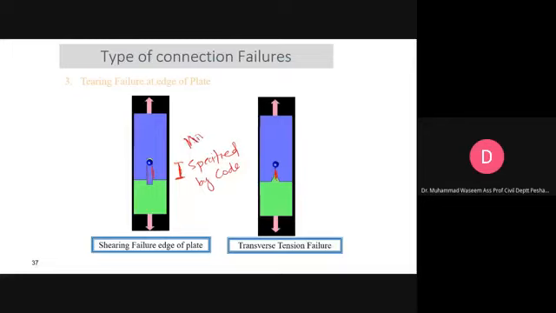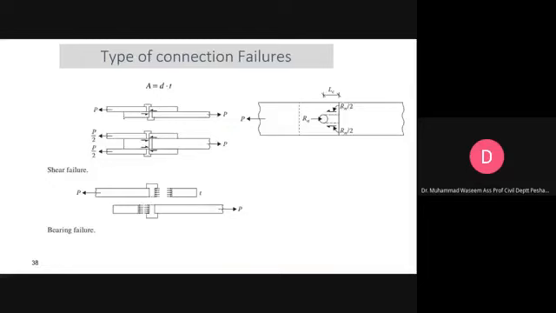In order to avoid the tearing failure, there should be a minimum distance between the bolt and the edge of the plate. This has been specified, if I remember, for 7/8 bolts. If you are using a high strength bolt or ordinary bolt, for a given bolt diameter this distance should be this much. So in order to avoid this tearing failure, we will see that in a moment.